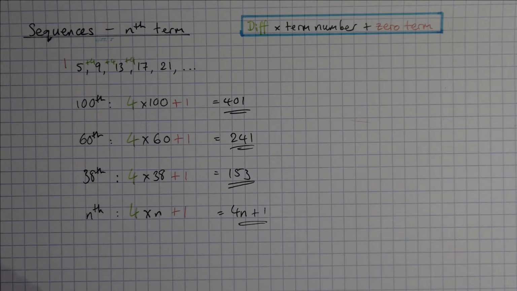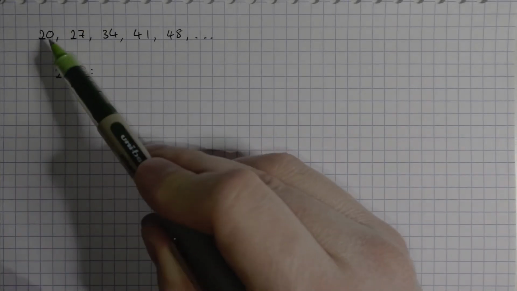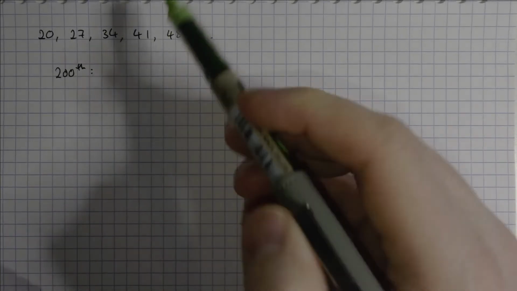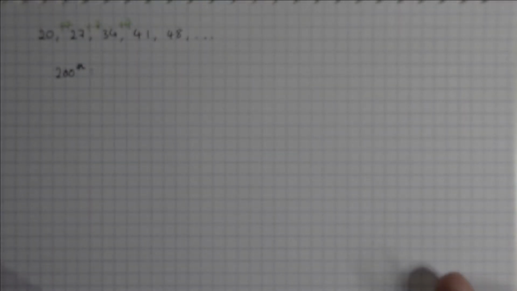Let's do another example. So let's jump to, say, the 200th term. Why not? I want to work out what the 200th term in this sequence is. Okay, well, I'll use the rule difference times term number plus 0 term. The difference in this one, notice what it's going up in? It's going up in 7s. Plus 7, plus 7, plus 7. Always adding 7 each time. So the difference for this one is 7.